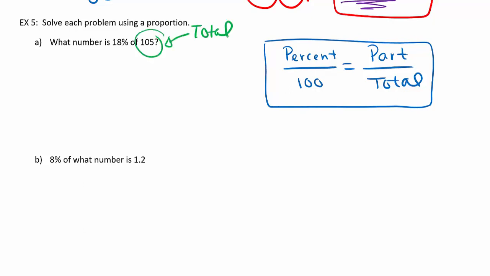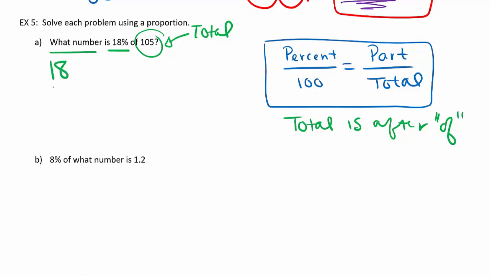The 105 is the total. And in fact, the total is always after the word of. So the 105 is the total. We know the percentage, so we must be trying to find the part. So as a proportion, this would be 18 is my percent, over 100, always over 100. I don't know the part, that's the x, and the total is 105.